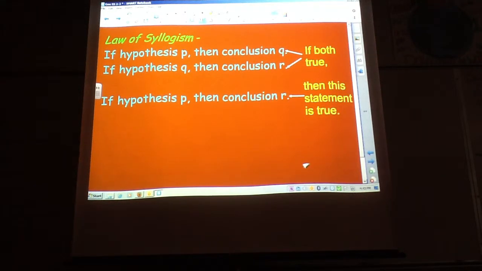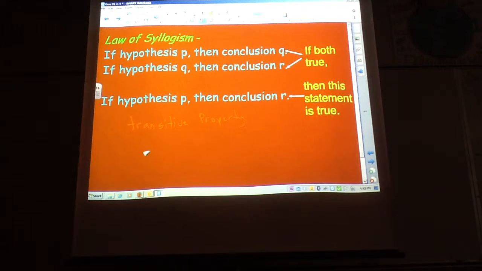We're doing part 2 of section 2.3, which is the law of deduction. We're talking about the second law of logic, which is the law of syllogism. If you remember the transitive property from algebra, it reminds me a lot of that.